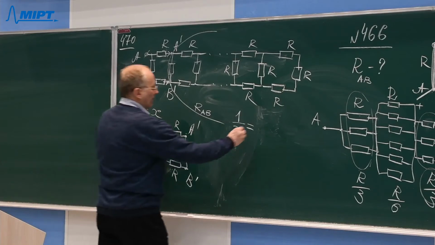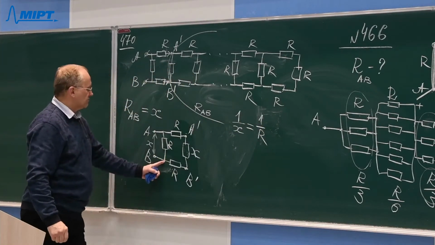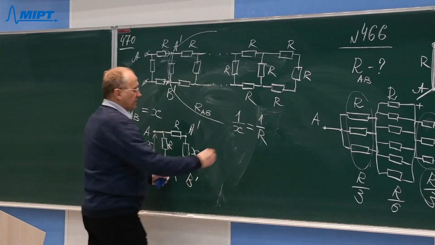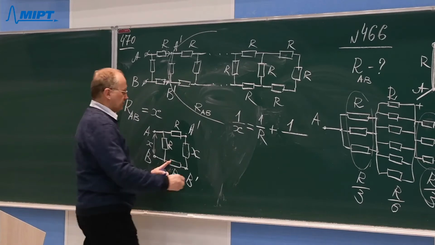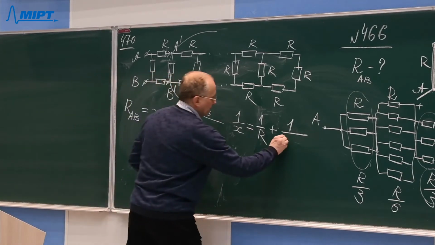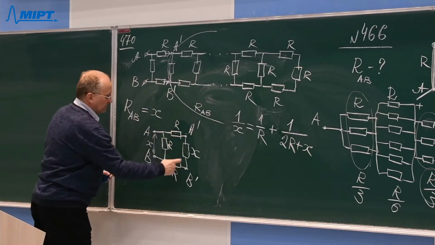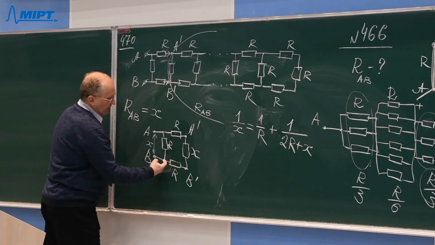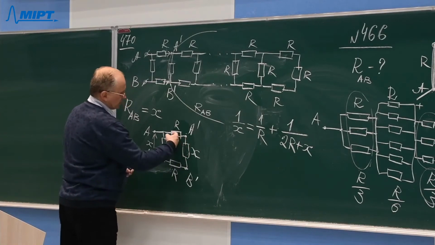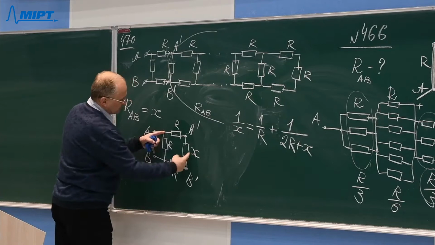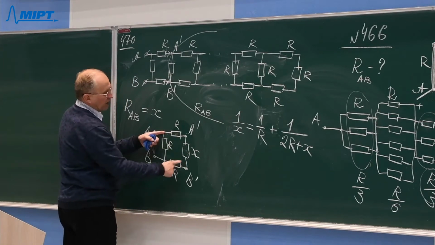That will be 1 over R, that is the resistance of the first branch in this parallel connection, plus 1 divided by the resistance of the second branch, which will be 2R plus X, because these 3 resistors in the second branch are connected in series. So in order to find the resistance of the second branch, we have to add all the 3 resistors. We will obtain 2R plus X.